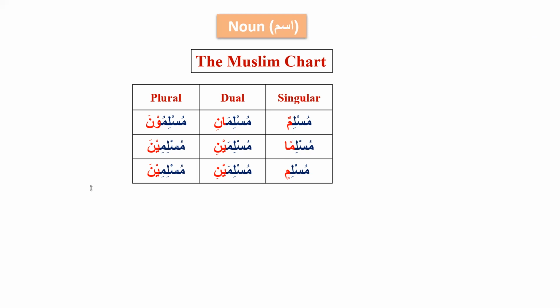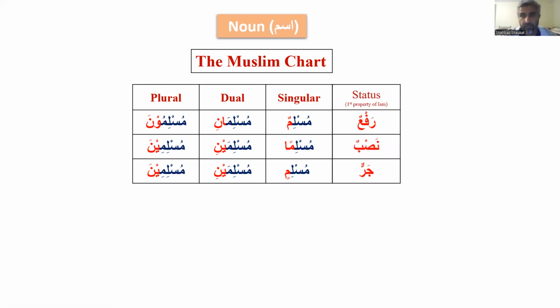Rafa, Nasab, and Jar. All right. Good. So there are 3 types of status. I'm showing them on the slide now. Rafa, Nasab, and Jar. Okay.